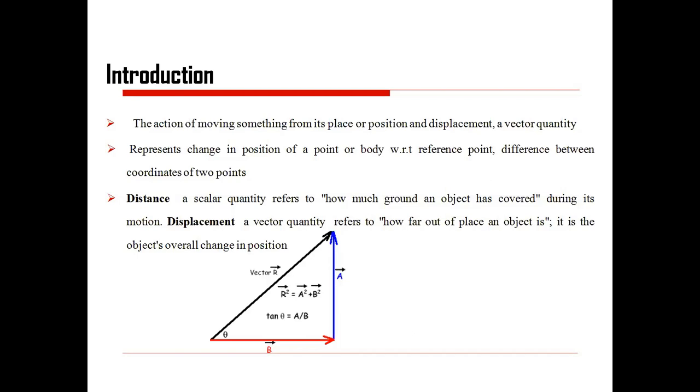Now, distance is a scalar quantity, which refers to how much ground an object has covered. It means that you are supposed to reach the final point, but it is not mandatory which particular way you have to move. Actually, you can move randomly to reach your final point. That is the distance during its motion.